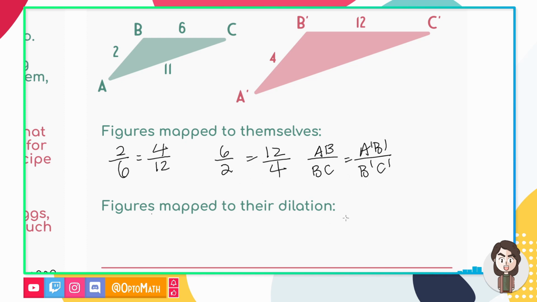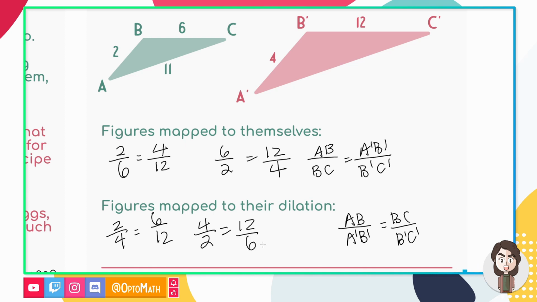It's going to be like AB divided by A prime B prime equals BC over B prime C prime, okay? So we're taking it from one triangle to the next rather than one triangle to itself. And it doesn't have to be a triangle, but for this case it is. So that can look like 2 divided by 4 equals 6 divided by 12, or 4 divided by 2 equals 12 divided by 6.